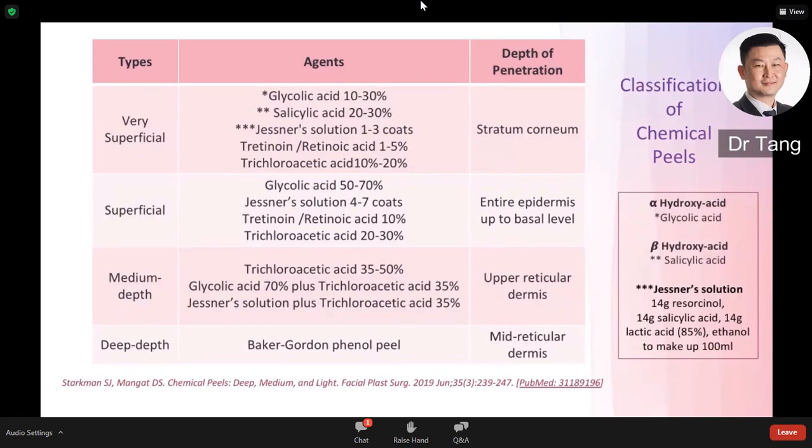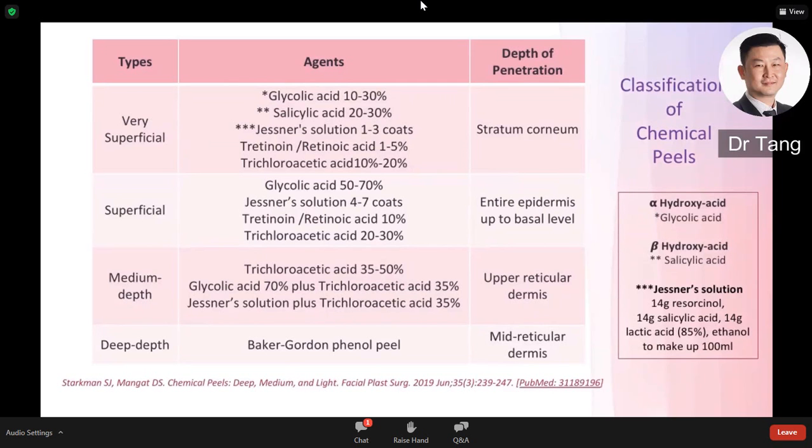The second group will be superficial chemical peel. Examples of superficial chemical peel include glycolic acid 50 to 70%, Jessner solution 4 to 7 coats, tretinoin or retinoic acid 10%, and trichloroacetic acid 20 to 30%. Superficial chemical peel will penetrate the entire epidermis up to the basal layer.